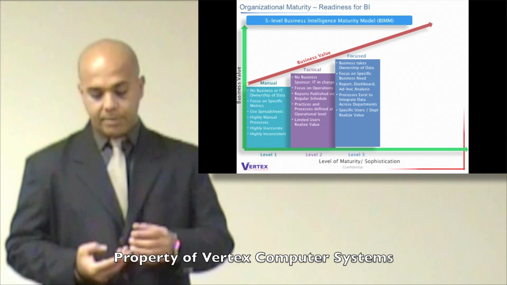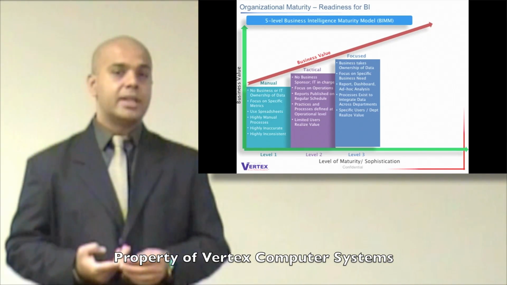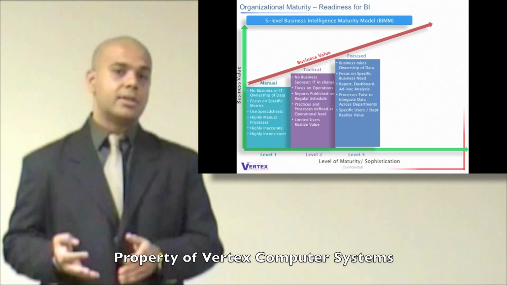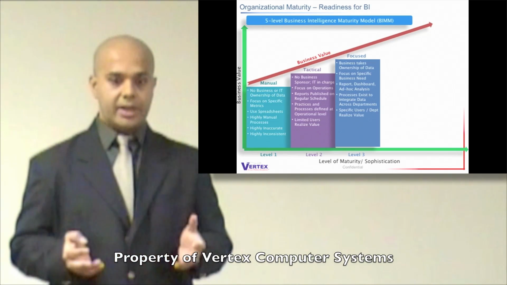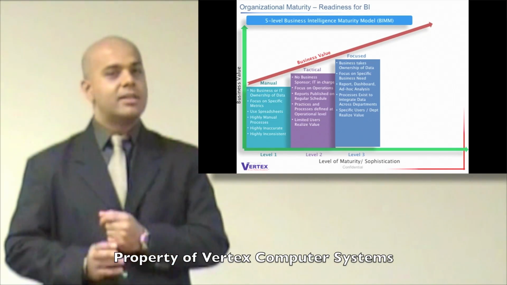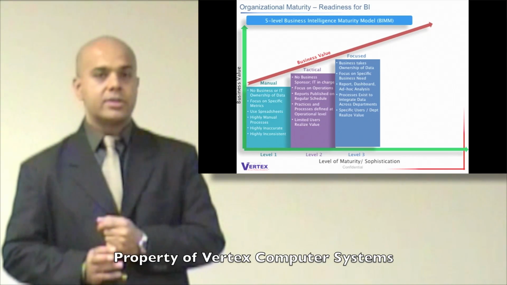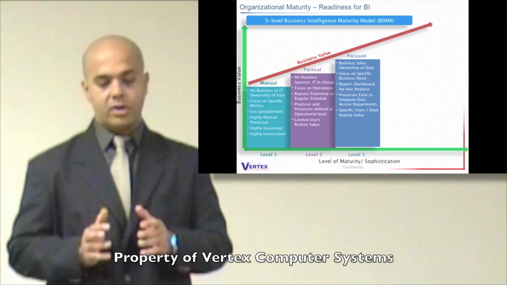The processes in these organizations are well defined, but they are more confined to departmentalized solutions, and they don't integrate well to get to the actual enterprise vision. The actual benefit is reaped only by certain departments and certain users, which is why this is a more focused kind of maturity model.